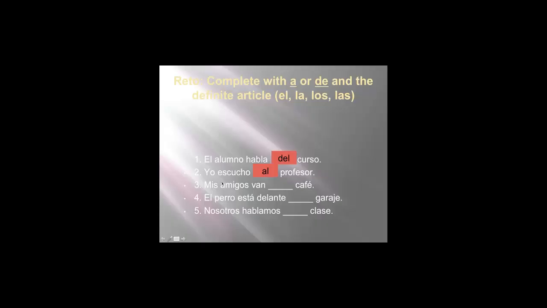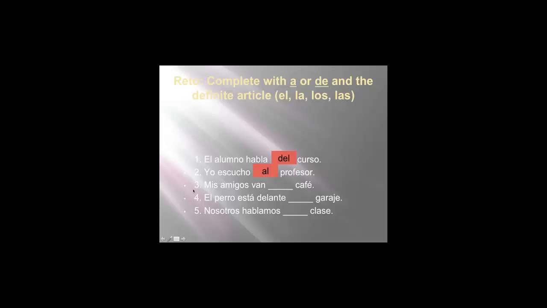Now, technically, it would also make sense if we said yo escucho del profesor. I'm hearing about the professor or of the professor, but in common sense and in this practice, we'll use al because it would make most sense for it to be I'm talking to the professor. Número tres.